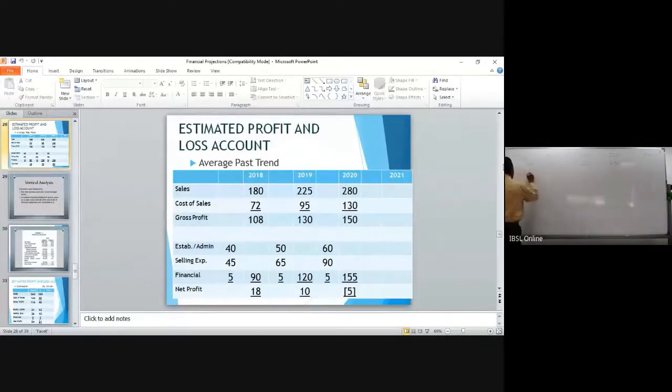CGS: I just enter the figures, right? 72, 95, and 130. Gross profit: 108, 130, and 150.